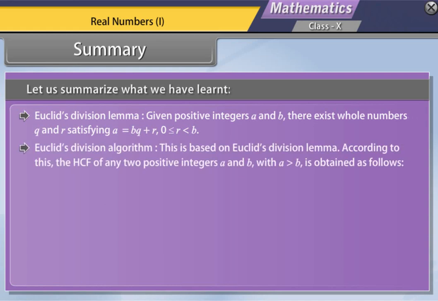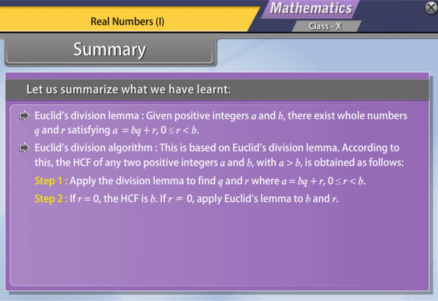Euclid's Division algorithm. This is based on Euclid's Division lemma. According to this, the HCF of any two positive integers a and b, with a greater than b, is obtained as follows. 1. Apply the division lemma to find q and r, where a is equal to bq plus r, 0 is smaller than or equal to r, which is smaller than b. 2.